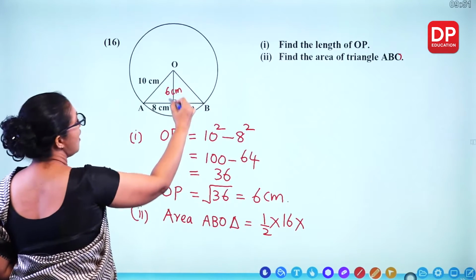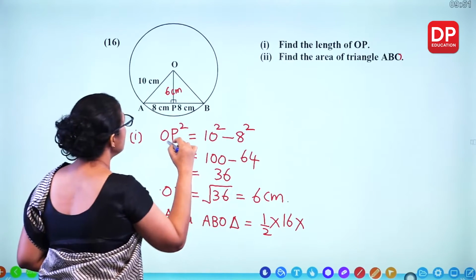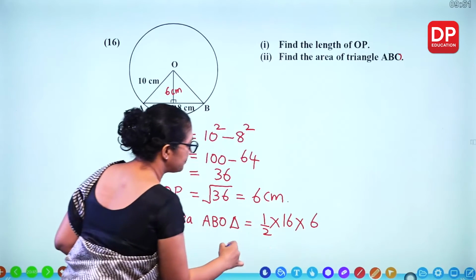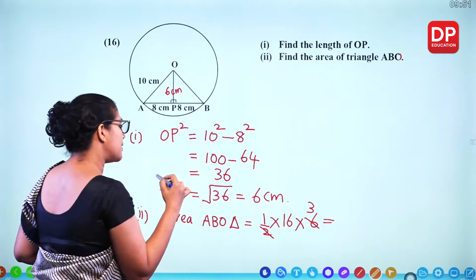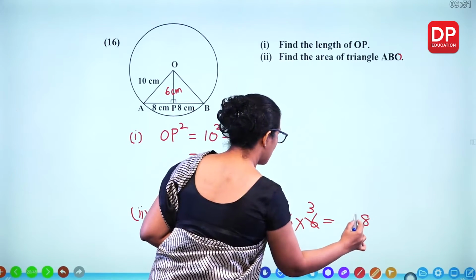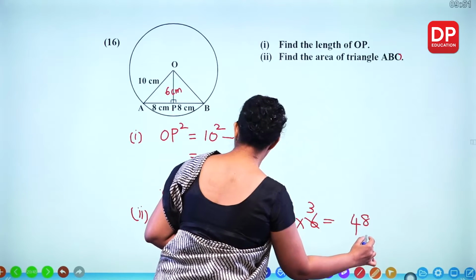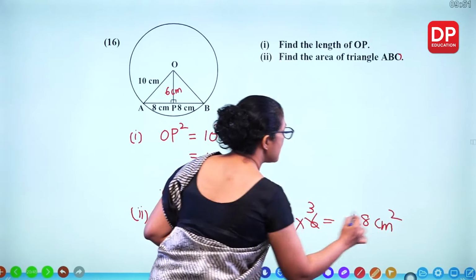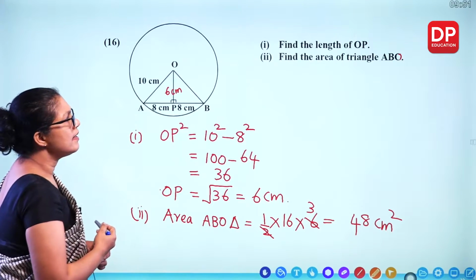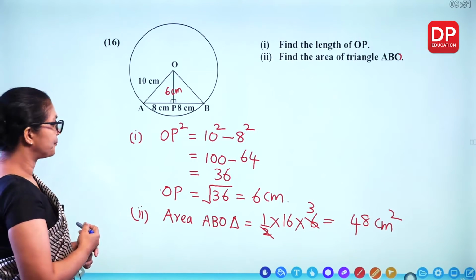And the perpendicular height is the one we found, that's 6 centimeters. So 2 times 3, 16 times 3. 48 square centimeters. That's the area of the triangle ABO.